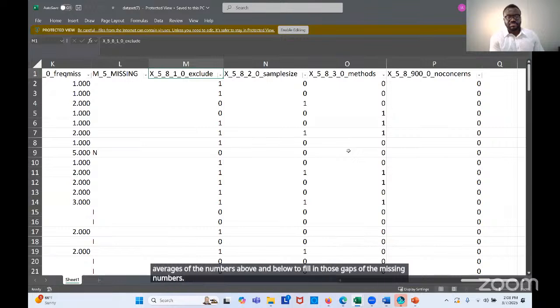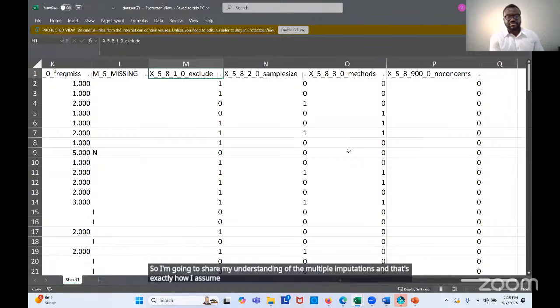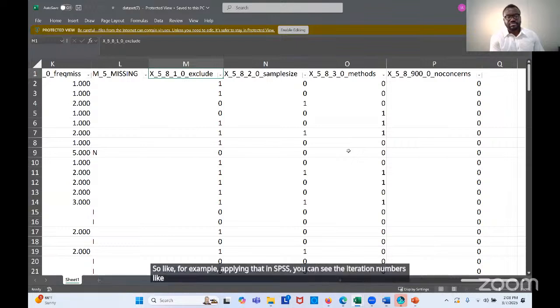So I'm going to share my understanding of multiple imputation, and that's exactly how I assume it works. For example, applying that in SPSS, you can see the iteration numbers, like taking the averages of the data points above the missing one and below the missing one.